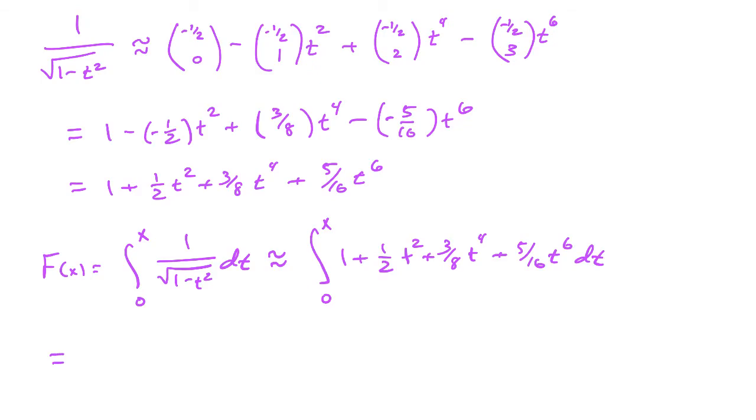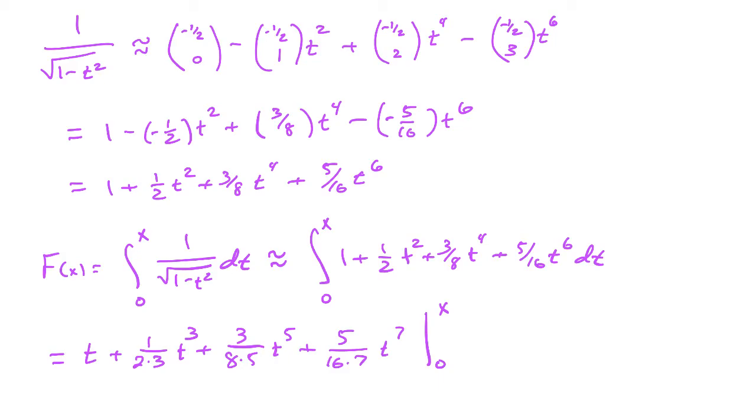This gives us t plus 1 over 2 times 3 t cubed plus 3 over 8 times 5 t to the 5th, plus 5 over 16 times 7 t to the 7th, evaluated between 0 and x.